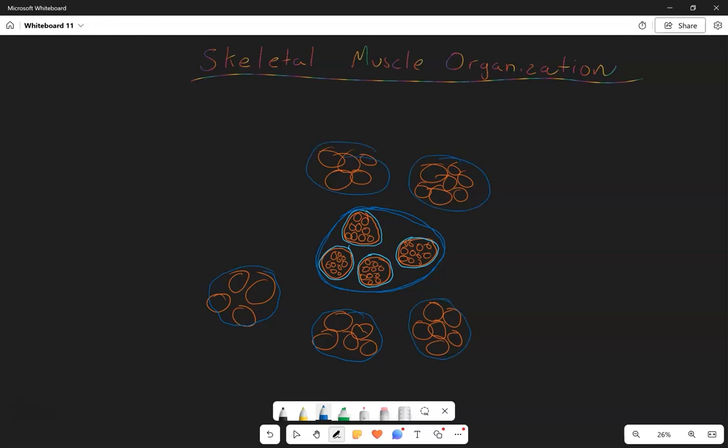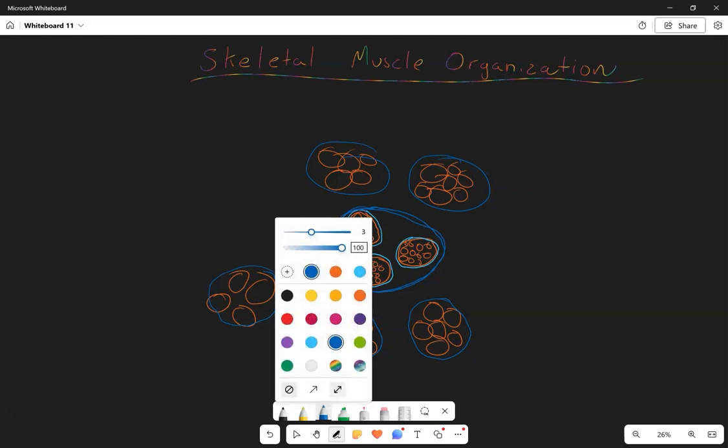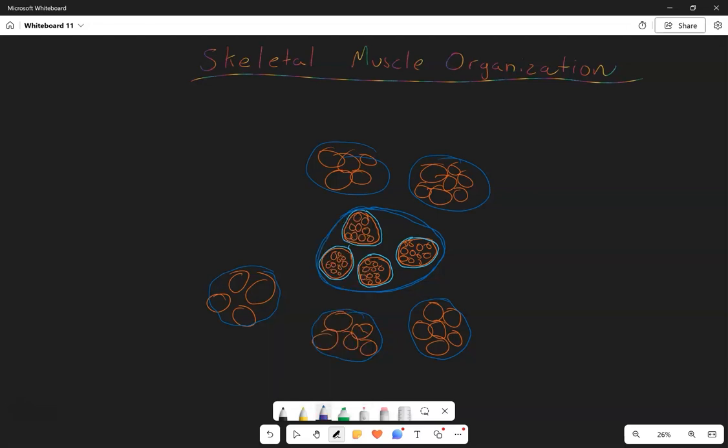Now it's the fascicles that are all grouped together, and they are surrounded by another band of connective tissue, which is called the epimysium. It is the epimysium that surrounds the whole muscle. So this would be the entire muscle. In purple, we have our epimysium, which is the most superficial layer of connective tissue.